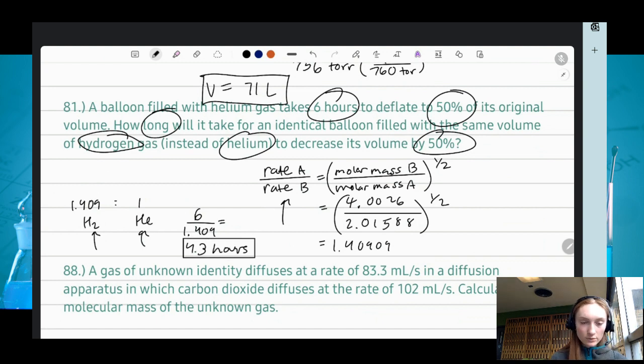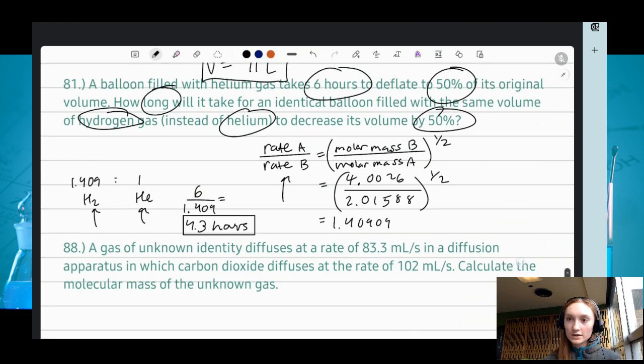Because the rate was faster, we divide by the time it took for the helium, and then we get the amount of time the hydrogen will take instead of the helium. So first find the ratio, and then we can solve for the specific rate that we are talking about.